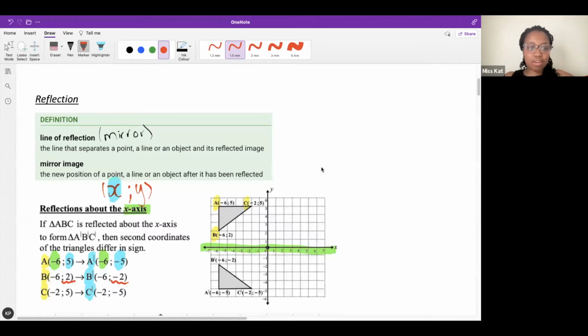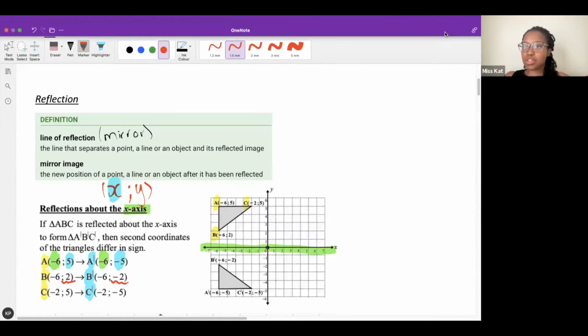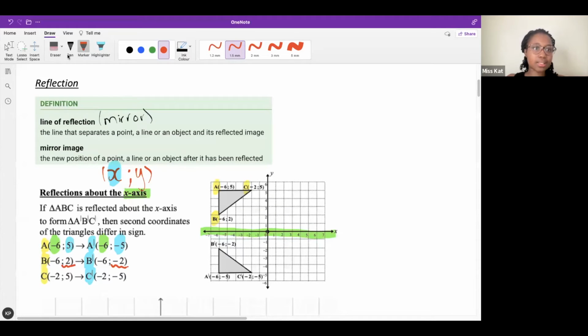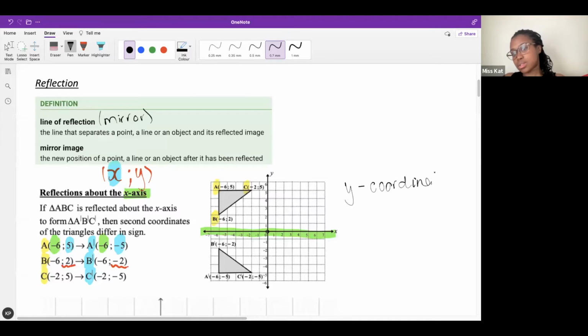I'm going to leave this on here for you guys to take. Maybe I should write a nice note for us here. So for reflection on the x-axis, the y coordinate changes sign.